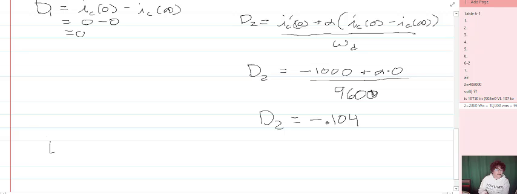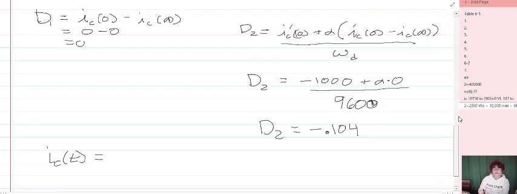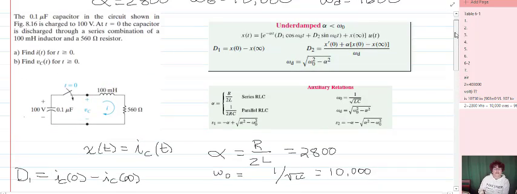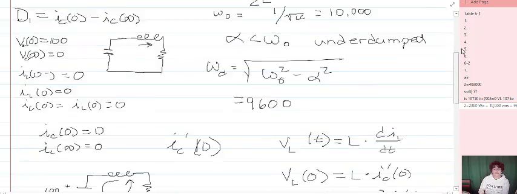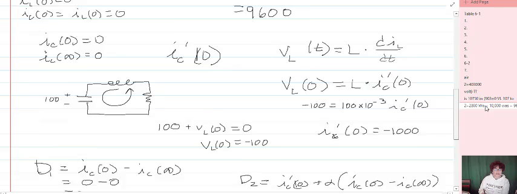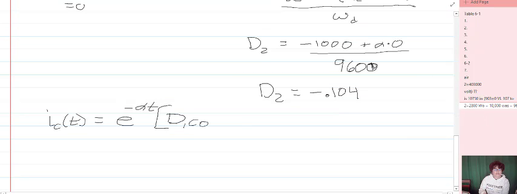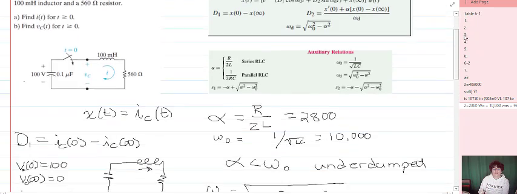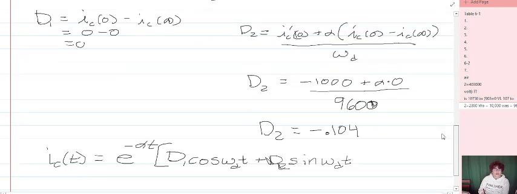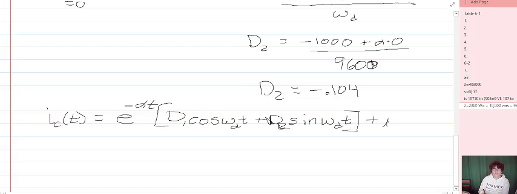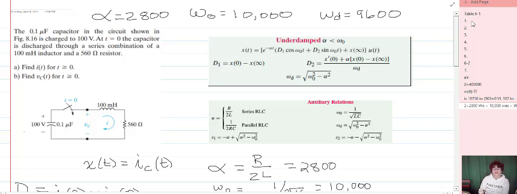We have IC of t equals e to the minus alpha t times D1 cosine omega d t plus D2 sine omega d t plus IC at infinity.